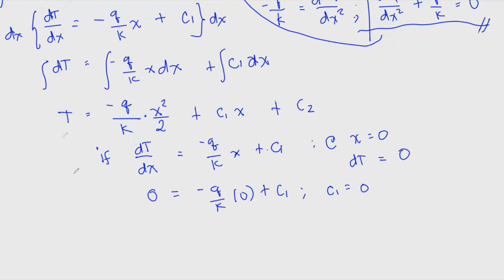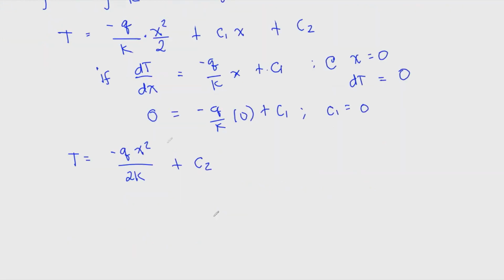So now this expression will be simplified into T is equal to negative qx squared over 2k plus C2. And knowing that C2 is this expression, for C2, we'll be considering the outside temperature.